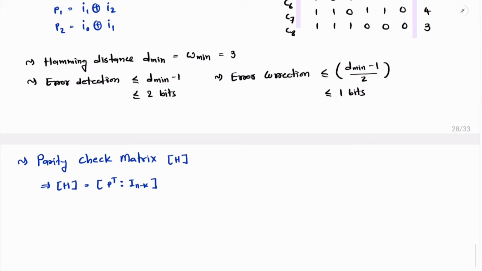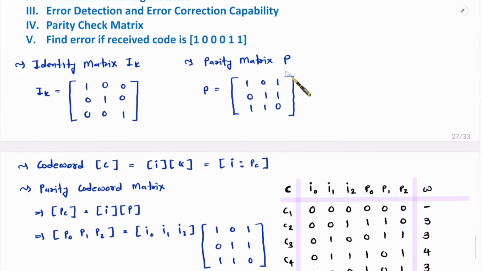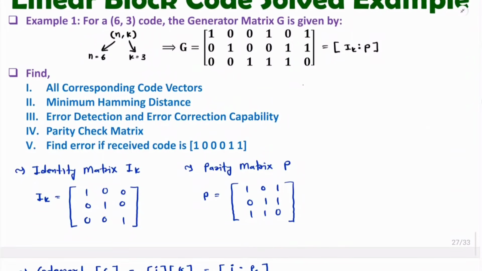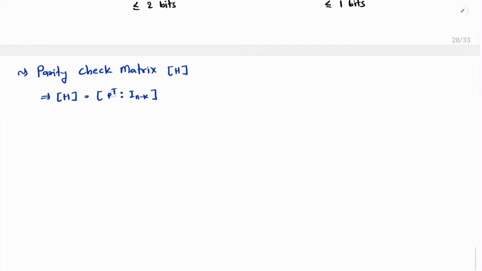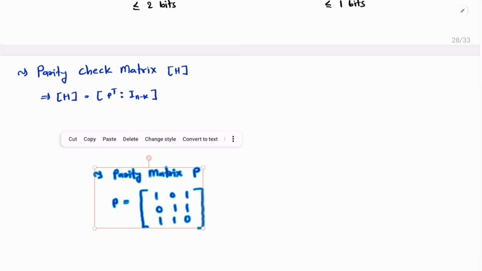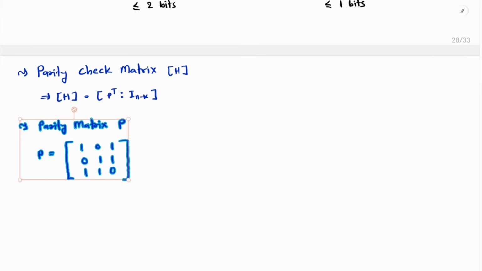Here we have the parity matrix that one can have based on the generator matrix. This generator matrix will be given to you. So here I'll take the parity matrix, and based on it, let us identify P transpose.